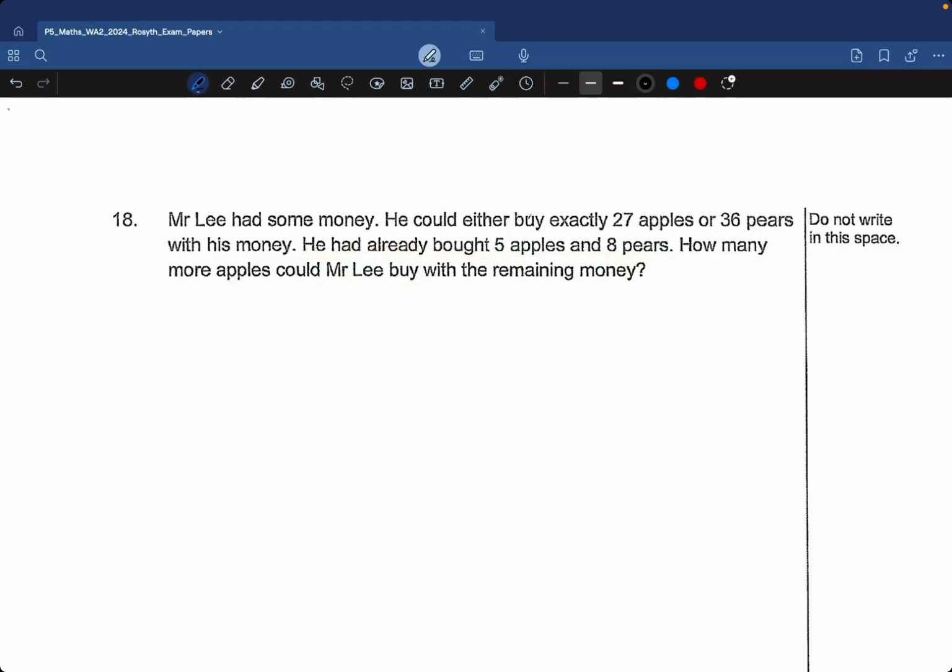Okay, so in essence, let's have A equal to apples and P equal to pears. So that means his money could buy either 27 apples or 36 pears, right? So this is equivalent. All right.